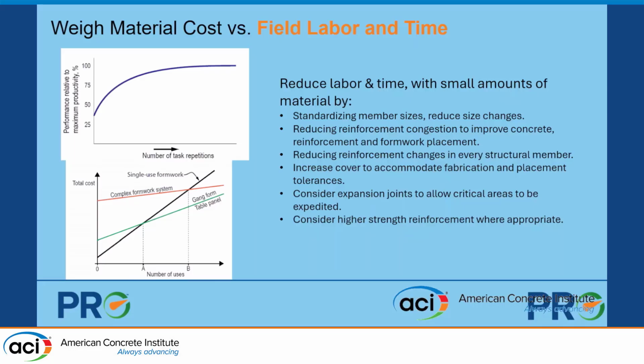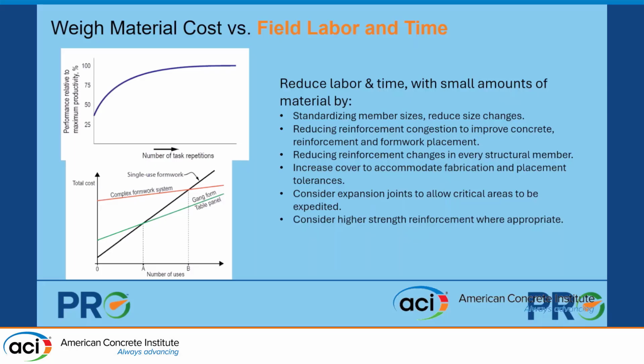This is a very complex graph out of the constructability blueprint, but it really speaks an awful lot to designing for constructability. And it illustrates formwork systems, whether you have a single-use formwork system in the black, as you can see, or a gang form system or a complex form system.